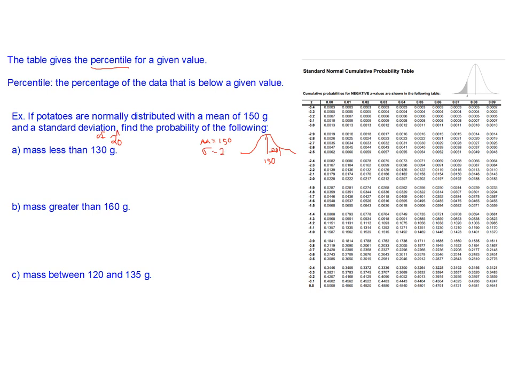So we want to find the probability that our random variable X, in this case being the mass of a potato, we should probably write that somewhere. I'll stick it up here because I have a little bit of room. X represents the mass of potatoes.